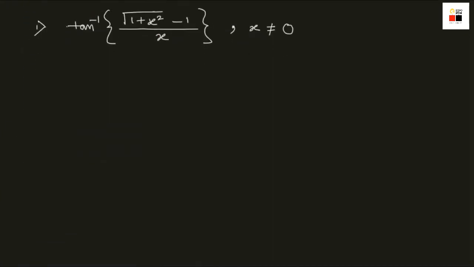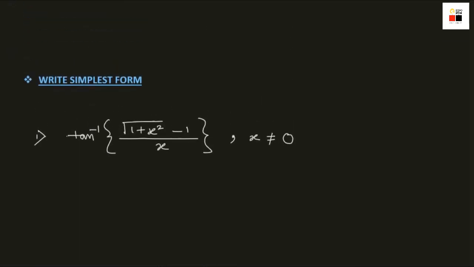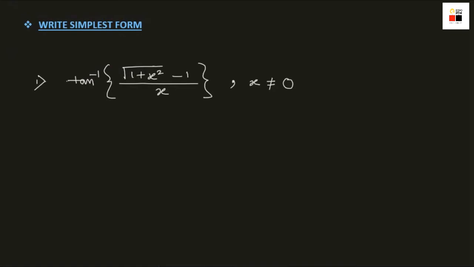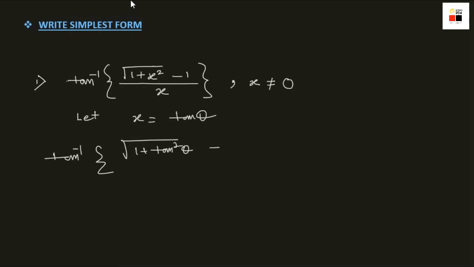Let's talk about this problem. Write in simplest form. In this case, we take x equals tan theta. Therefore, tan inverse of under root 1 plus tan square theta minus 1, divided by tan theta.